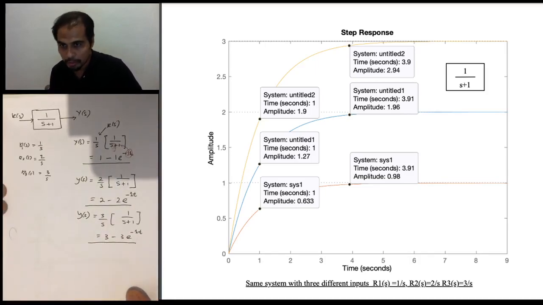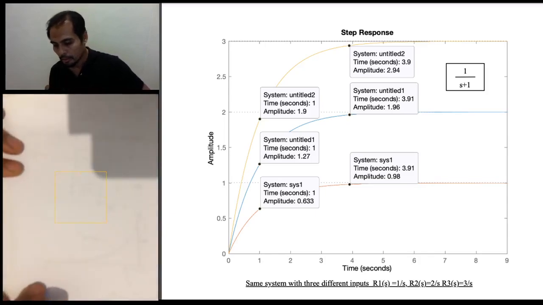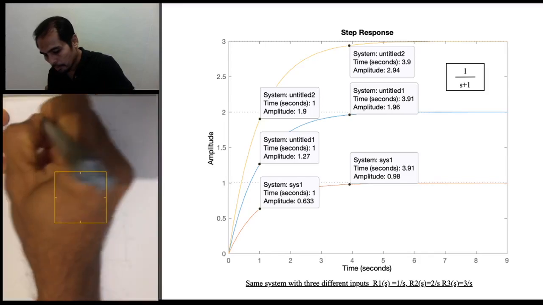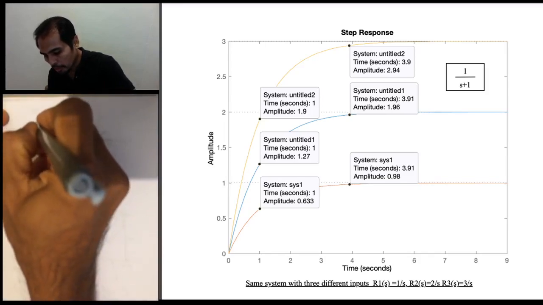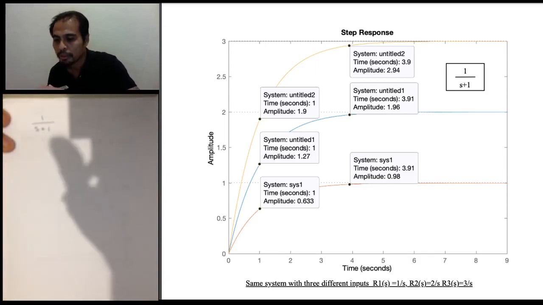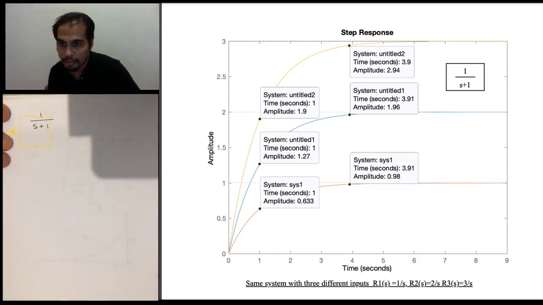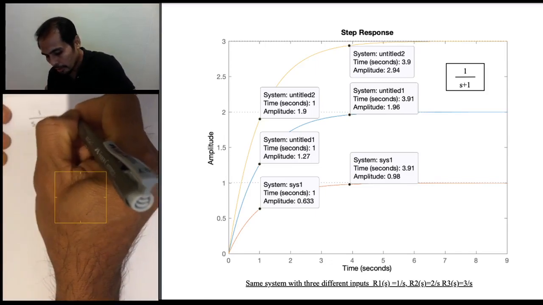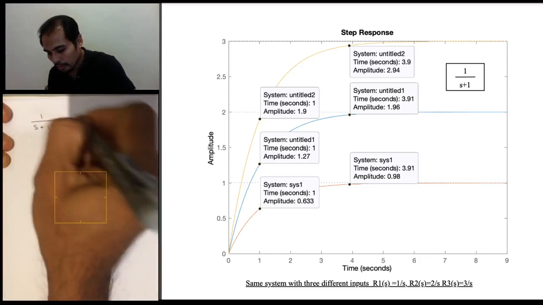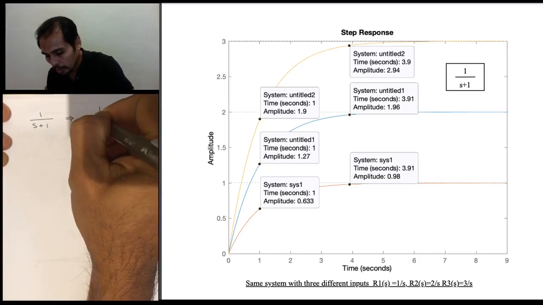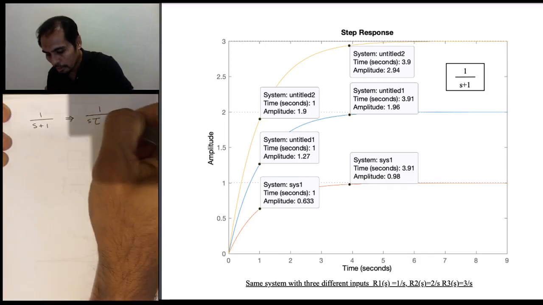Whatever transfer function we have, regardless of any inputs, we can find these three parameters from it. What we're going to do is convert it into the standard first order system form, which is 1 over tau s plus 1.